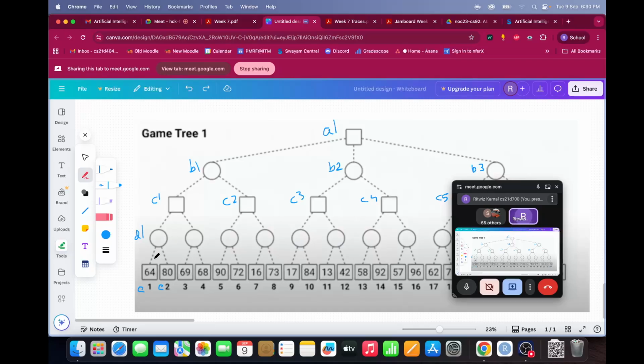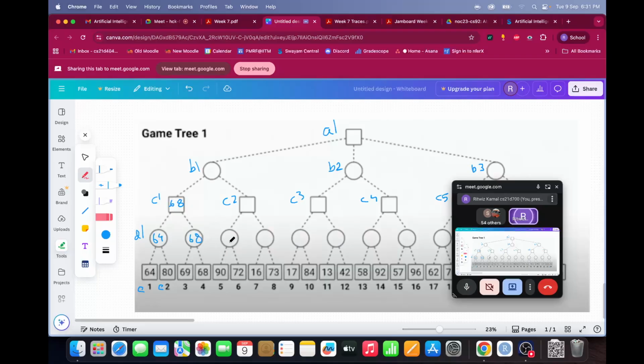Bottom to top, yes. Let's fill the nodes starting from the second last layer, which is the D layer, because that is the one we have to start filling in. So the minimum of 64 and 80, this will be 64. The minimum of 69 and 68 will be 68. The maximum of 64 and 68 will be filled with 68.